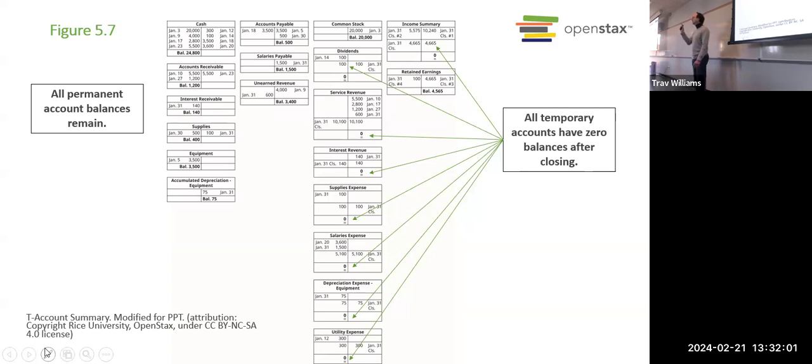The only things that remain at this point are the asset accounts, liability accounts, common stock, which is one of the equity accounts, and retained earnings. Because all the temporary accounts got closed out.